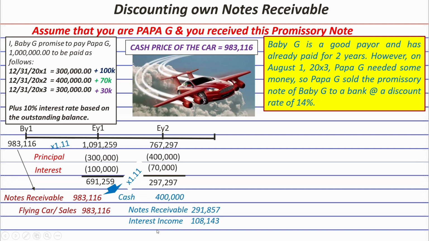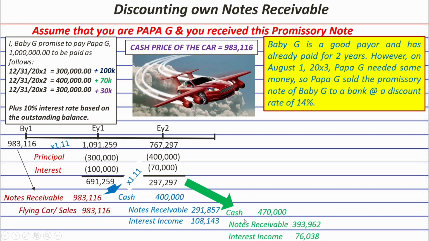Now, at the end of year 2, you have to debit cash 470,000 for the principal and interest payment, and then credit interest income again, which is 76,038, which is just the difference of this 767,297 minus 691,259.